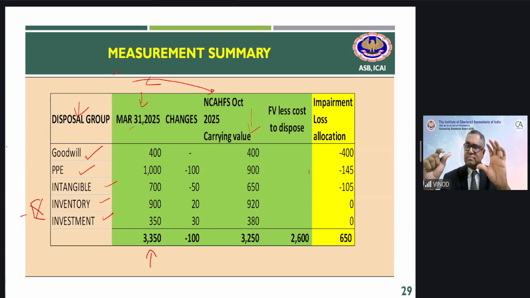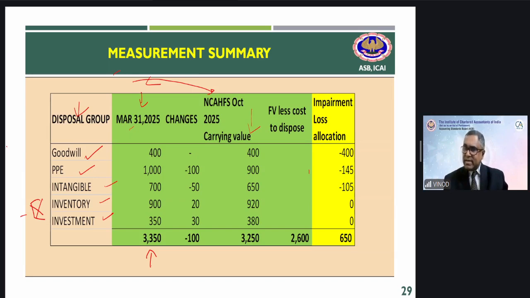That's it. I cannot reverse the entire gain of 1,000 because only losses which were previously debited can be reversed. Otherwise, it will be revaluation accounting. Under Ind AS, you know that revaluation gains and losses will only go to OCI and never to P&L. So that is reversal of impairment loss.